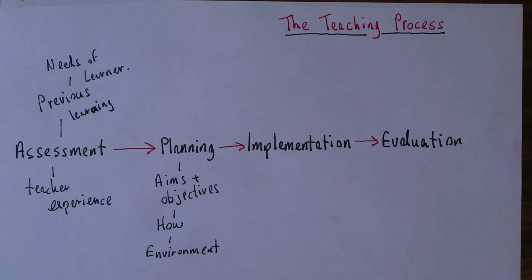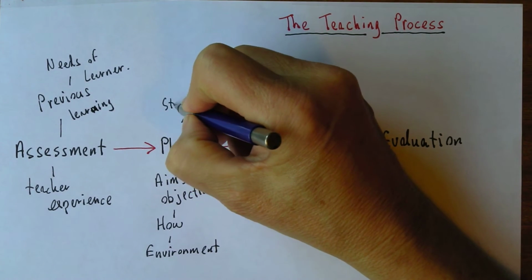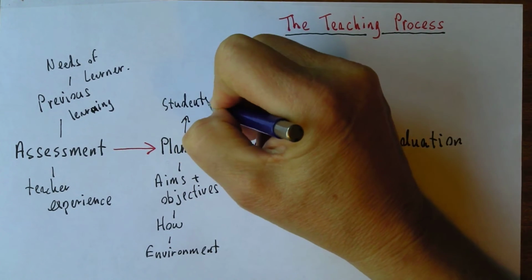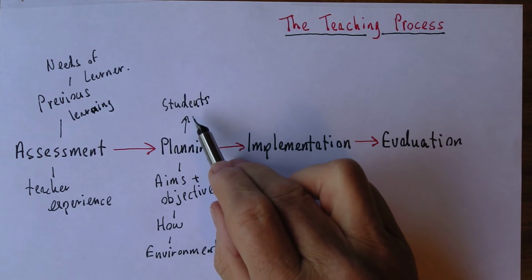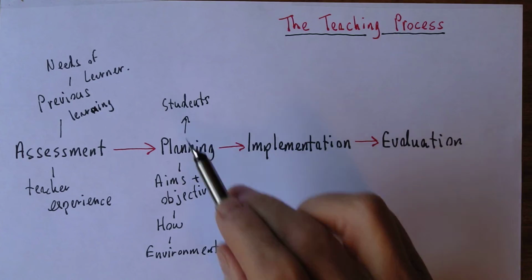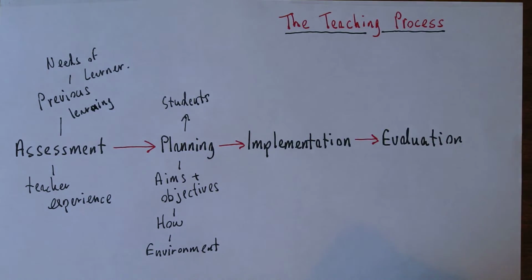But also at this stage, I think it's worth thinking about, again, thinking about the students, thinking about the learner. And one of the things, because we're looking at this from the teacher point of view, is how am I going to form relationships with the students?